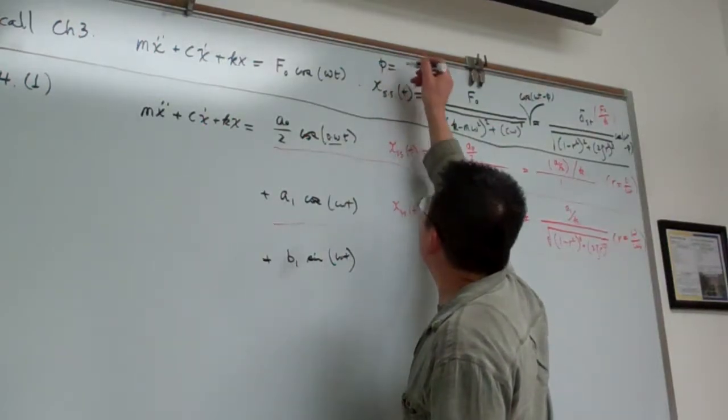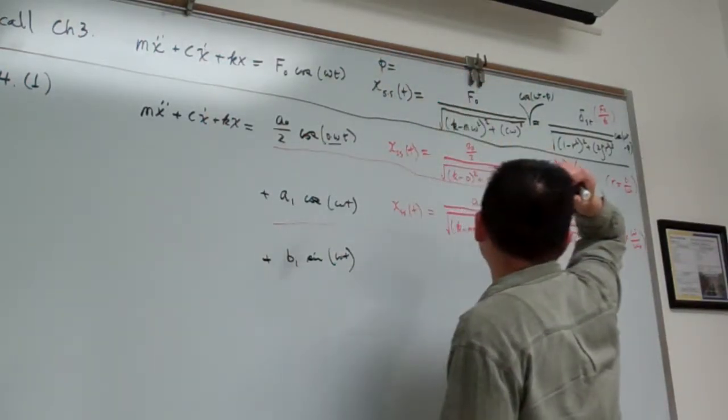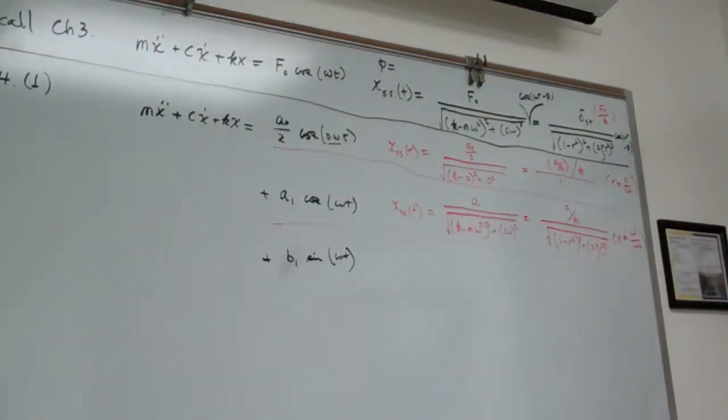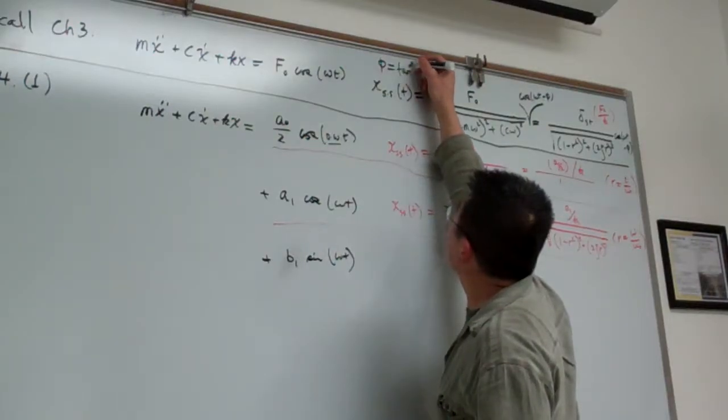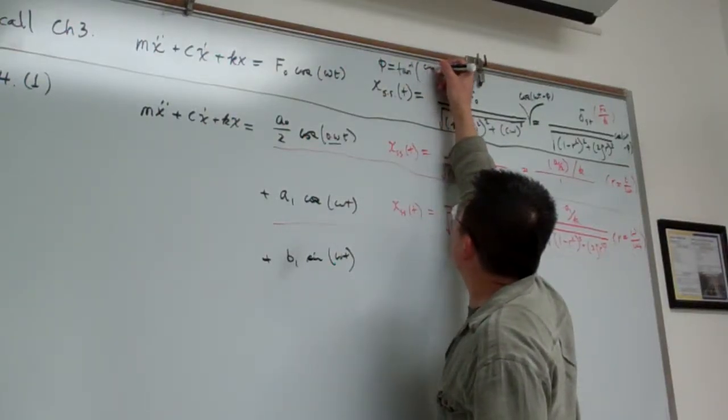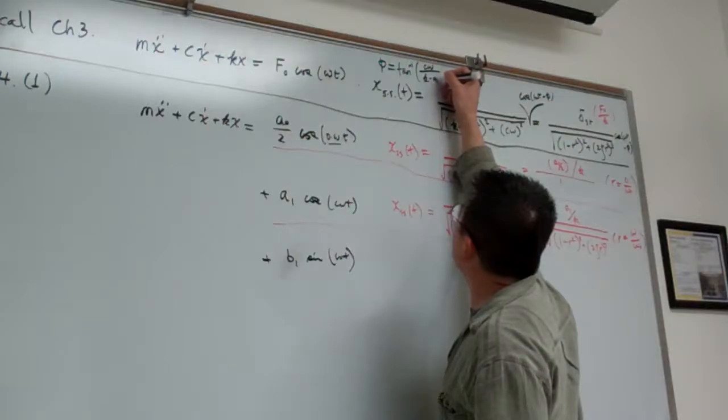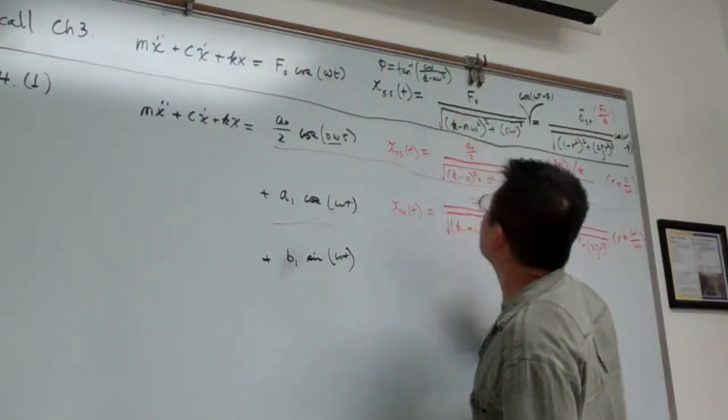And the phi equal to arctangent of c omega over k minus m omega square.